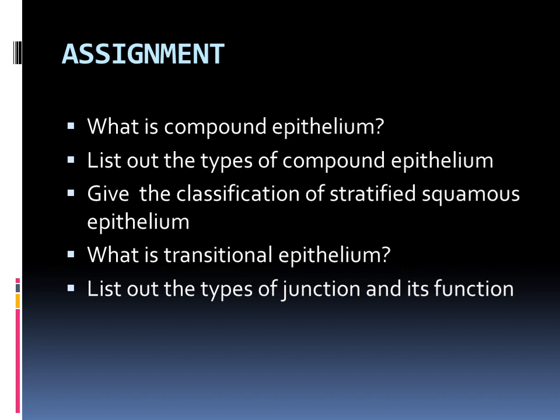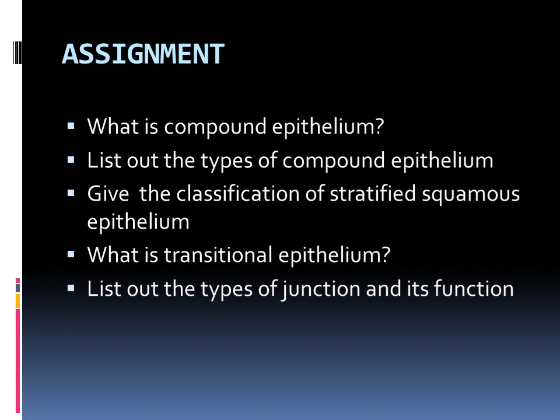Is it clear? Stratified epithelium is classified as squamous, cuboidal as well as columnar, but here the question is the classification of stratified squamous epithelium. So notice this question and answer: keratinized as well as non-keratinized type.